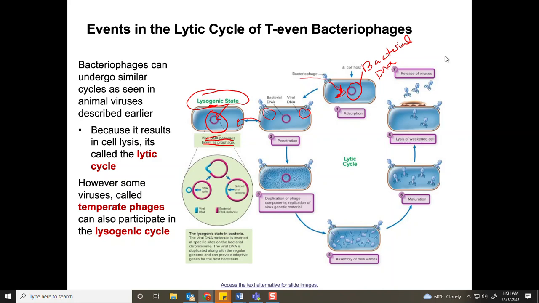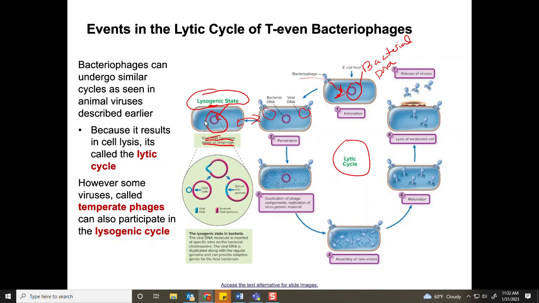So it's important to know that's the lytic cycle when it continues on like that, but they're connected. We can have a virus that will infiltrate this bacteria with its genome, and then go into the lysogenic state. Notice this arrow goes both ways.